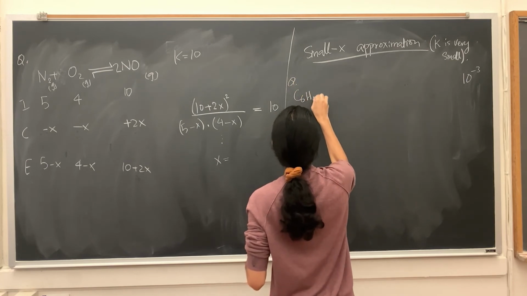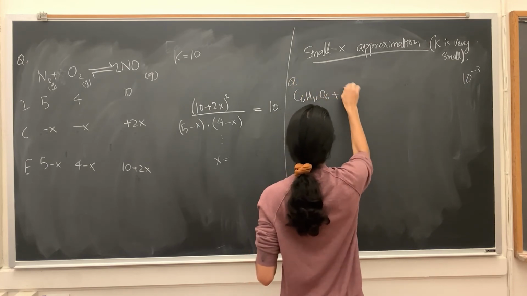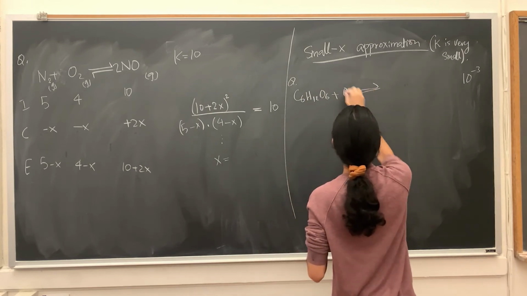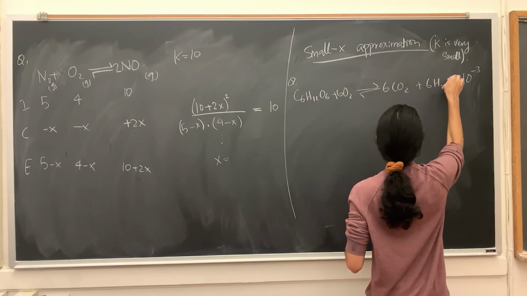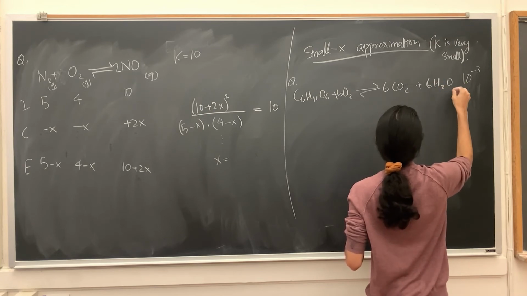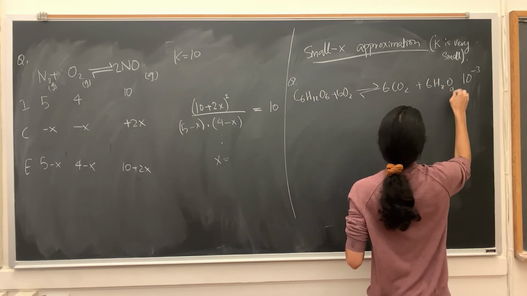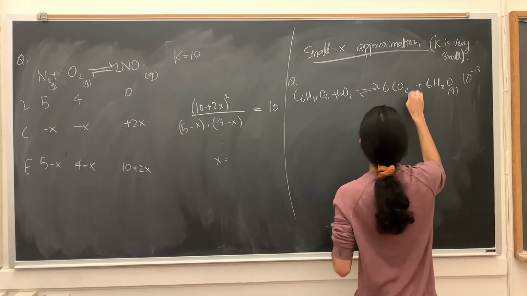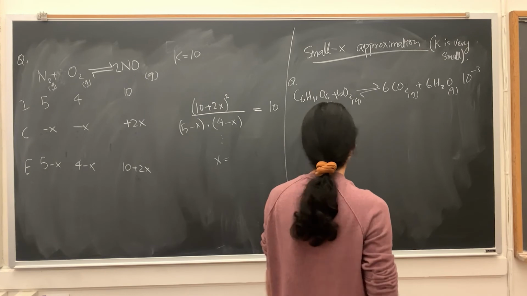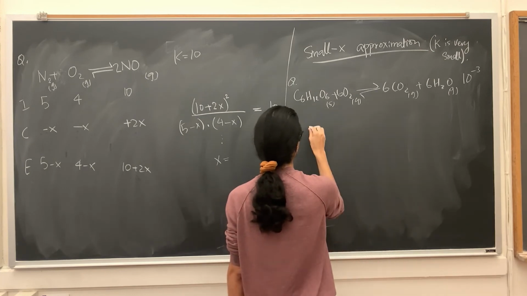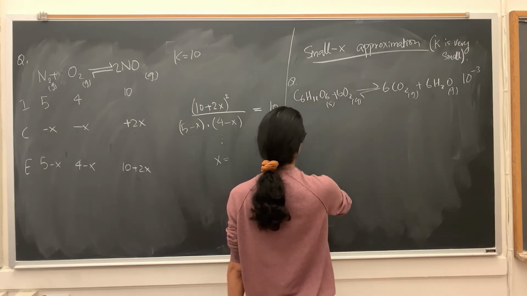Let's go back to the glucose one. C6H12O6 reacts with 6 oxygens to give 6 carbon dioxides and 6 waters. Let's say this is gas, also gas, also gas, and this is solid.